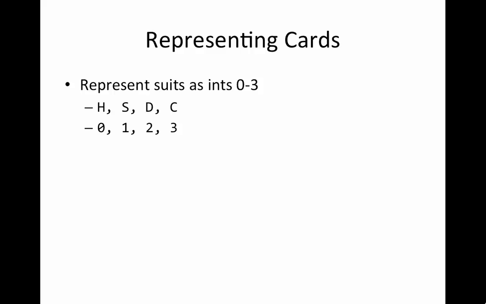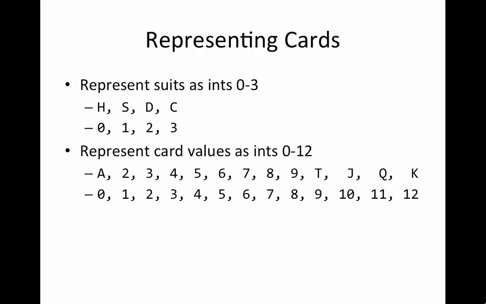So hearts we will represent with 0, spades with 1, diamonds with 2, clubs with 3. This is a very simple mapping from symbol to a number. Then we can do the same thing for the card values. So the ace will be 0, we will represent 2 with 1, 3 with 2, and so forth.